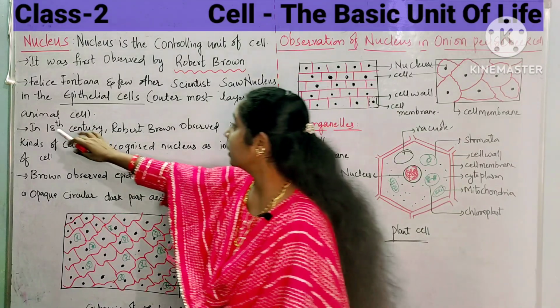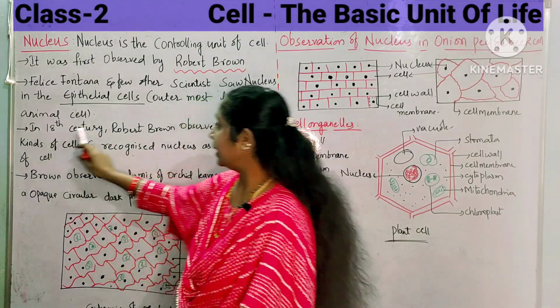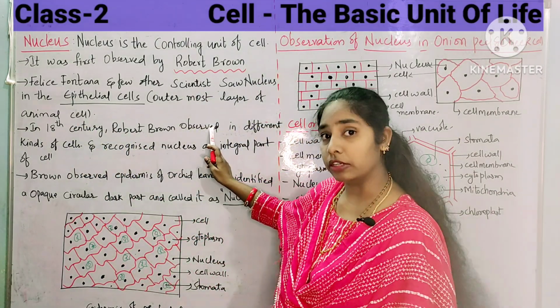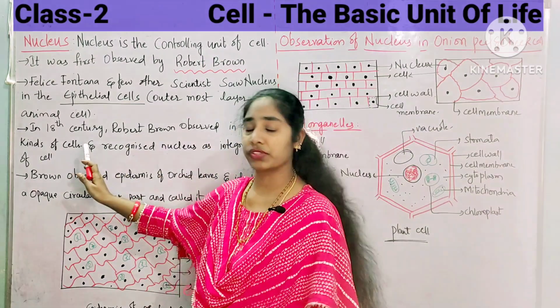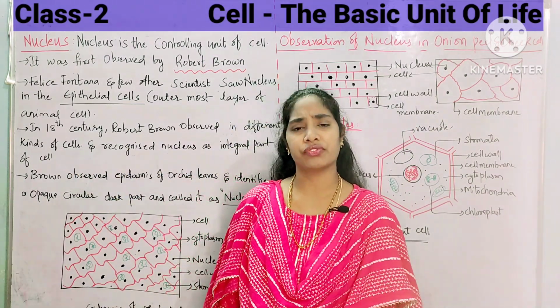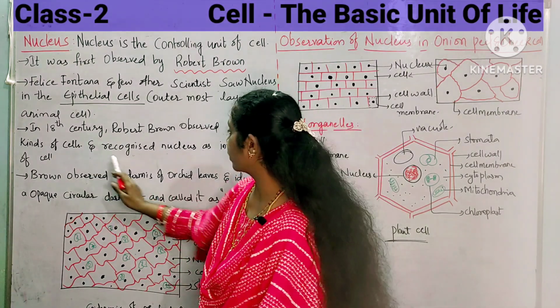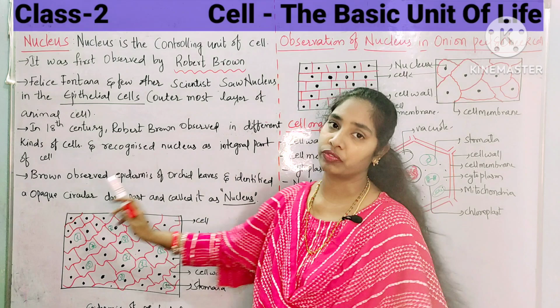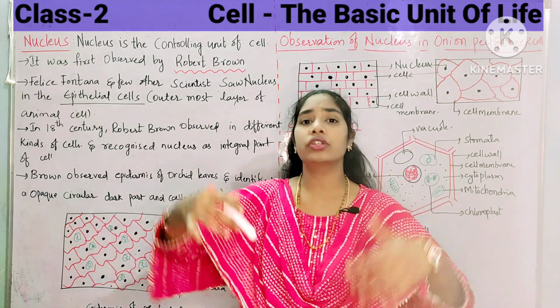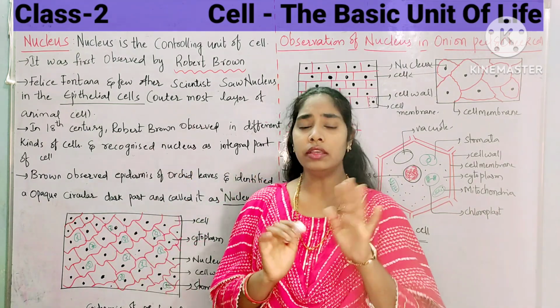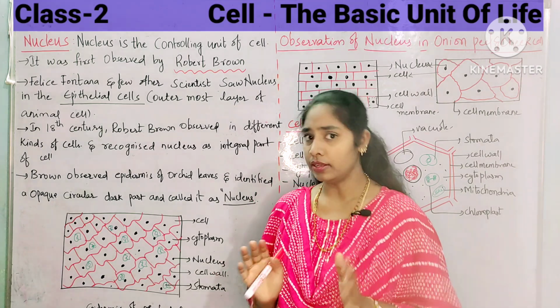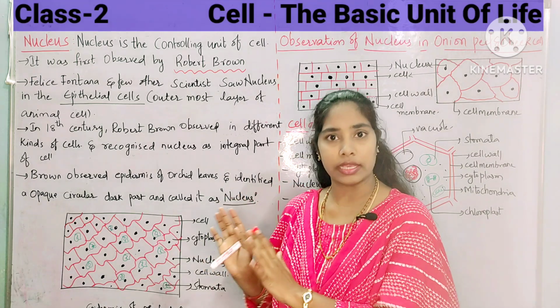Next, in animal cells. In the 18th century, Robert Brown observed different kinds of cells, and in those cells he observed the nucleus, and recognized the nucleus as an integral part of the cell. Where you find the nucleus, it is not outside the cell, it is inside the cell. So it is an integral part of the cell. Okay children, up to here is it clear?